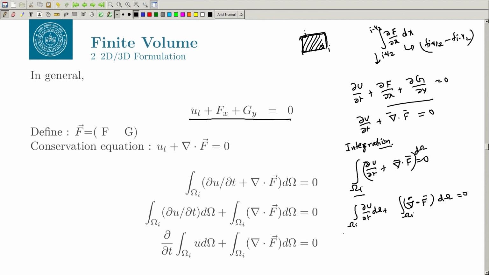Now, this part is easy, right, because you can again use the same assumption that my cell centered value is basically the average of the entire value in the volume, right. So, if you use that, you can write it as del u bar by delta t, and you will have maybe some delta omega, the cell volume. Okay, we can just call it omega.